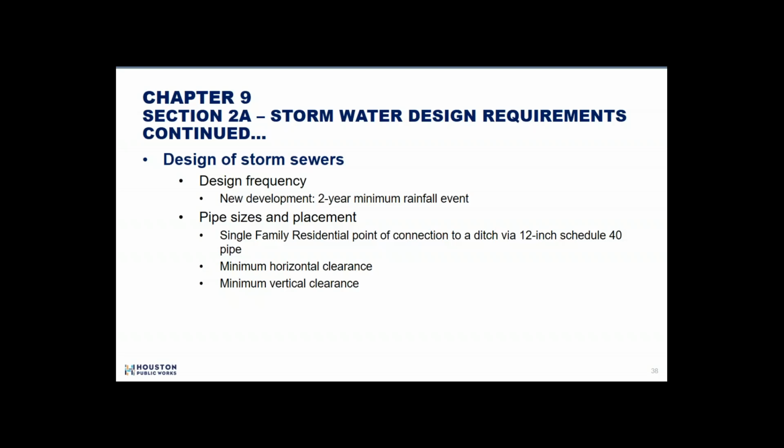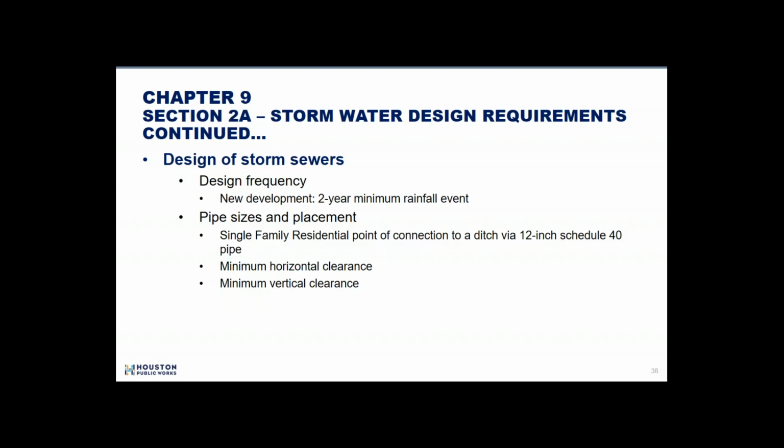As Atlas 14 gets more into play, and we adjust our rainfall intensity curves and our data to align with Atlas 14, you'll see the actual criteria or the parameters change, but for the most part, you follow the 2-year minimum rainfall event.